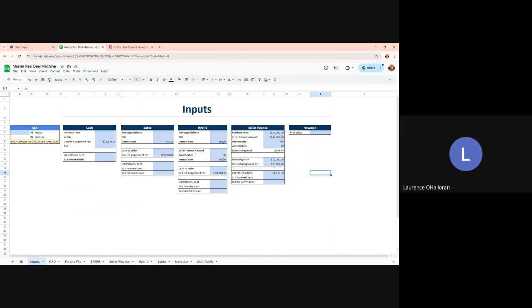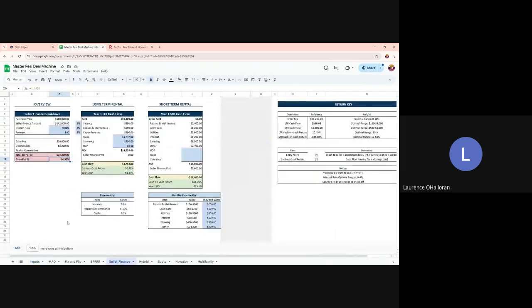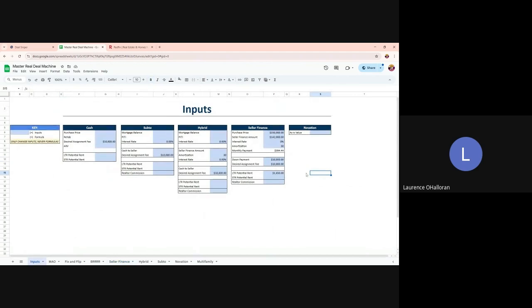Today, on one of them, the entry fee percentage doesn't show up, and I'm like, what the heck is this? And sometimes when I put in inputs, it doesn't update. When I go back to whatever I'm doing, a sub 2 or a seller finance, it doesn't update. I'm like, what's going on here? Then I have to re-download it again, and it works. I just don't know why. Really?